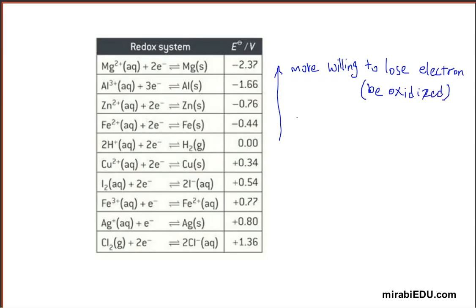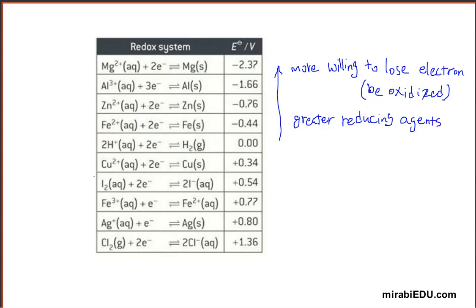Or we can say they are greater reducing agents, because if a species gets oxidized, it loses electrons, and those electrons will reduce other species. So they are greater reducing agents.